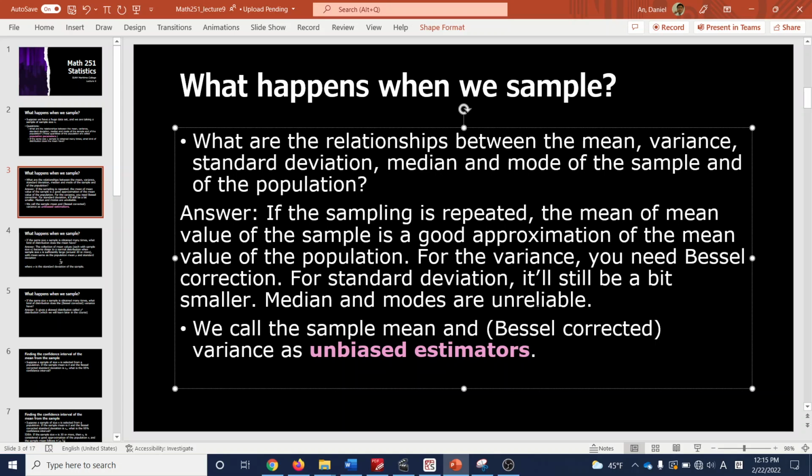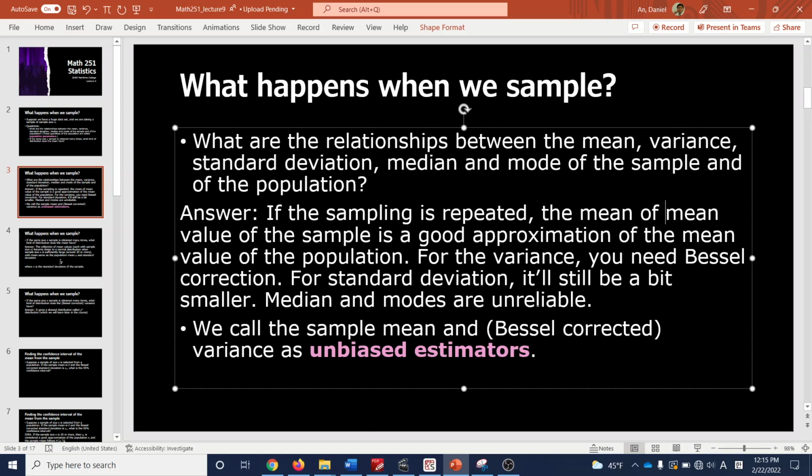So the important idea here is that we call the sample mean and the variance unbiased estimators, which means that it's a quantity that you can gather from the sample. If you're looking for the median, just getting like 20 people out of the entire student body of SUNY Maritime College is not going to give you a reliable idea of what the median would be.